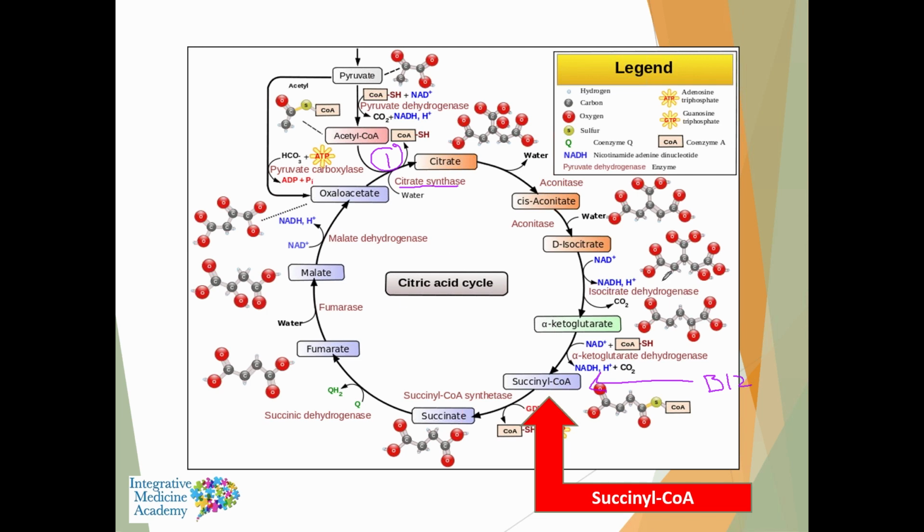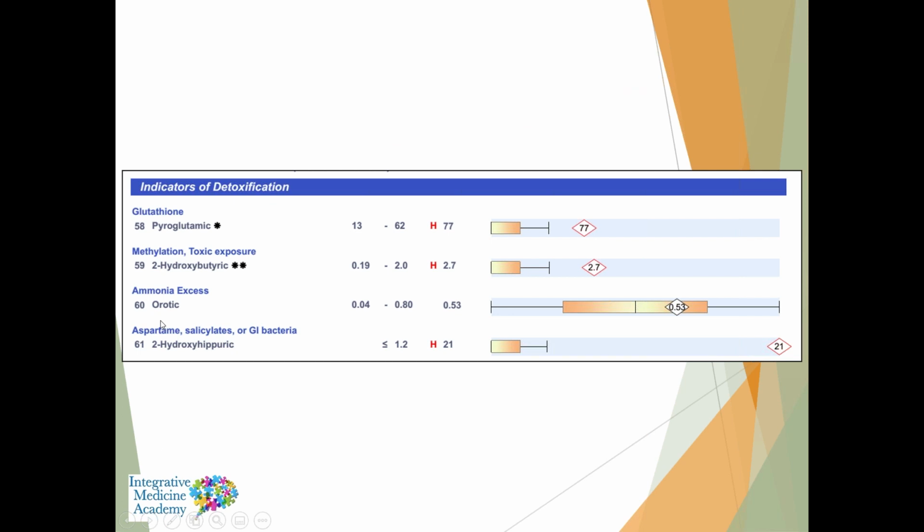So here is our succinyl coenzyme A entry point. Keep in mind, there are multiple areas to get into our Krebs cycle. And if you think about metabolism from a broad perspective, proteins, fats, and carbohydrates. We basically break down carbohydrates to help produce energy, and then we can store it as glycogen.